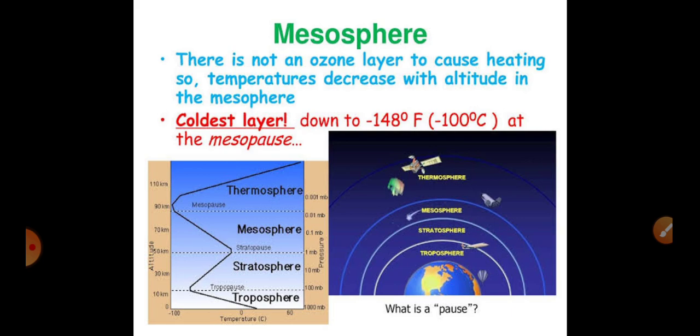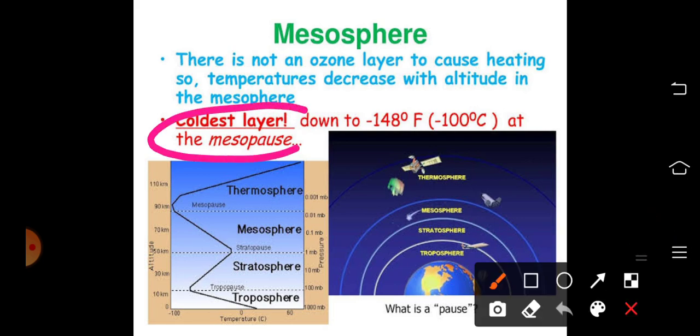Meteorites burn up in this layer on entering from space. This is also the coldest layer, with temperatures as low as minus 100 degrees Celsius. So this is the third, or middle, layer of the atmosphere.